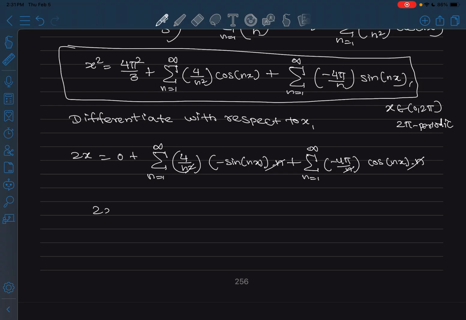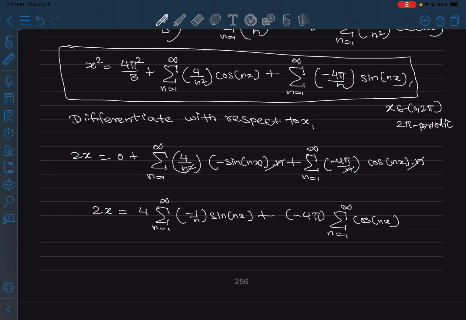So we have 2x equals 4 times the sum from n equals 1 to infinity of minus 1 over n sine of nx, and then minus 4 pi times the sum from n equals 1 to infinity of cosine of nx.